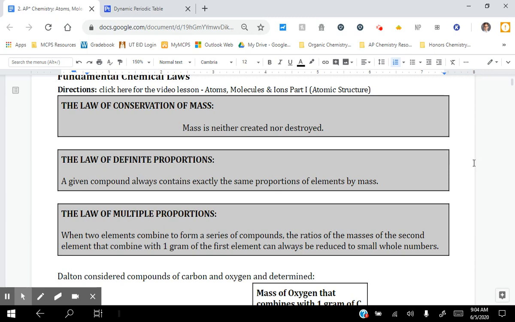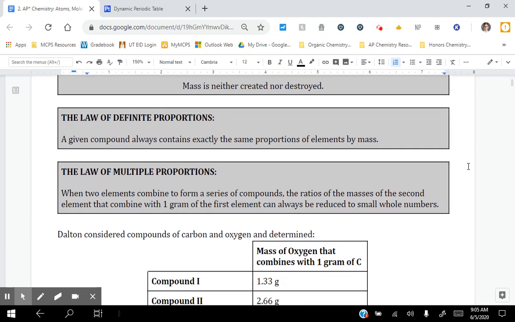We're going to look at percent composition later on in a different lesson, but this is the backbone of that idea. An application of this is also the law of multiple proportions, which says when two elements combine to form a series of compounds, the ratios of the masses of the second element that combined with 1 gram of the first element can always be reduced to small whole numbers.